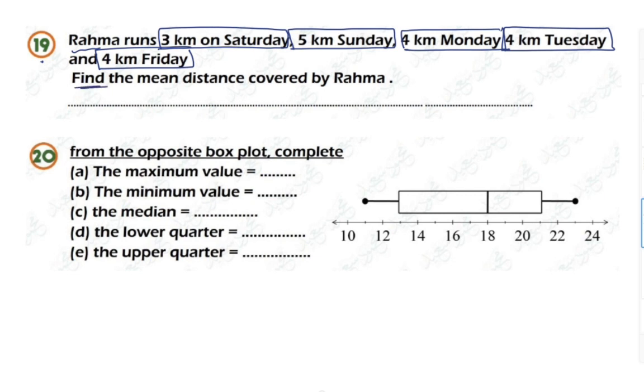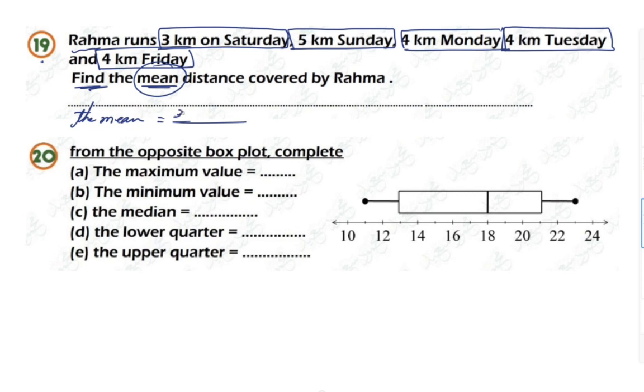What's the question here? Find the mean distance covered by Rahma. That's easy. He needs us to find the mean for all of these values. We know the rule. The mean equals the sum. Just add all of these values.